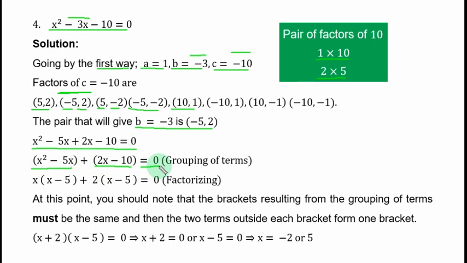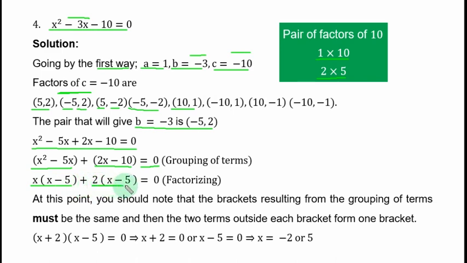I will advise that even if, let's assume, 2s is negative, always separate the two groups with a plus sign. From the first group, s is common. When you factor it out, you are left with s minus 5. From the second group, 2 is common.